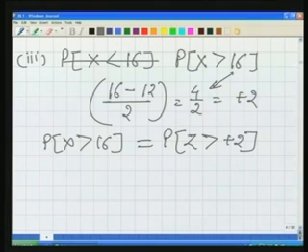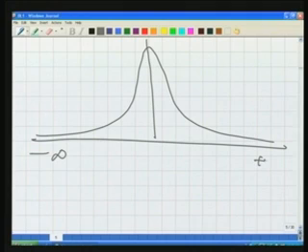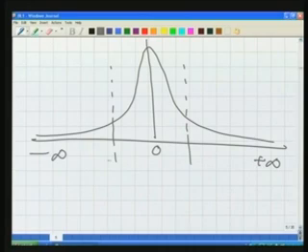Now, what is the meaning of this? If you look into the standard normal curve, I will draw the curve again for you. This is the standard normal curve, from minus infinity to plus infinity, and this value is 0. If this is the standard deviation, it is 1 and 1.